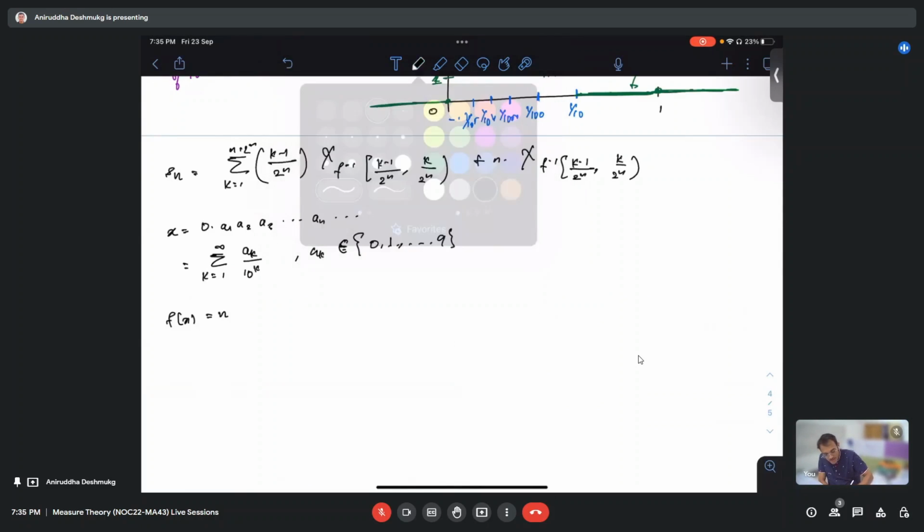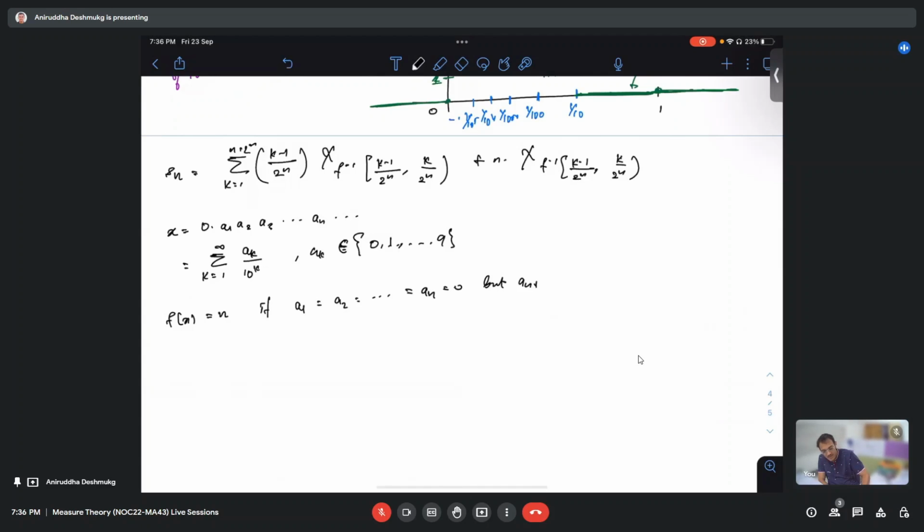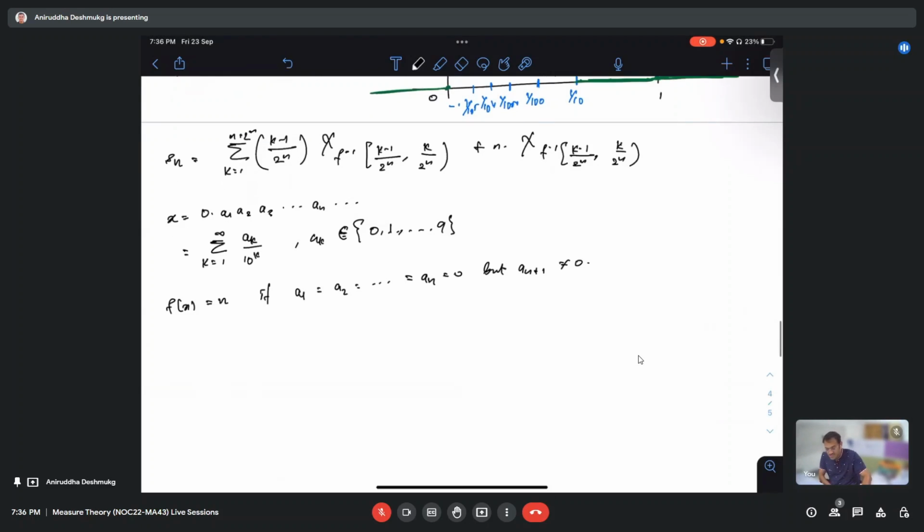So f(x) is equal to n if a1, a2, all the way up to an are 0, but a(n+1) is non-zero. Yeah. So what does this mean?